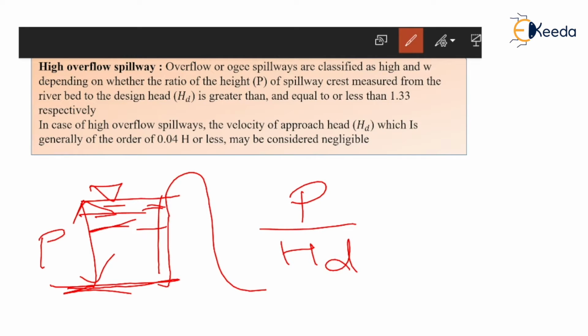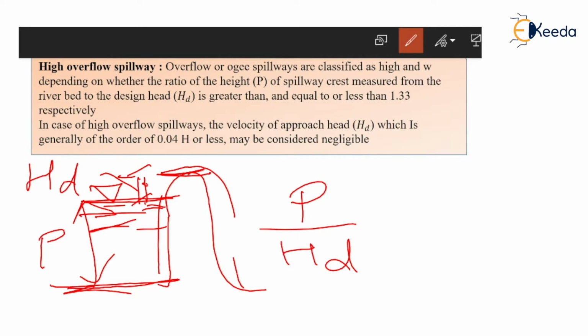Design head is nothing but the vertical distance from this water surface level up to the crest of the spillway, or the highest point of the spillway. This distance is known as H, that is a head, or the design head. In this region, once the water increases, this surplus water will be carried out towards this, hence it is called the design head.